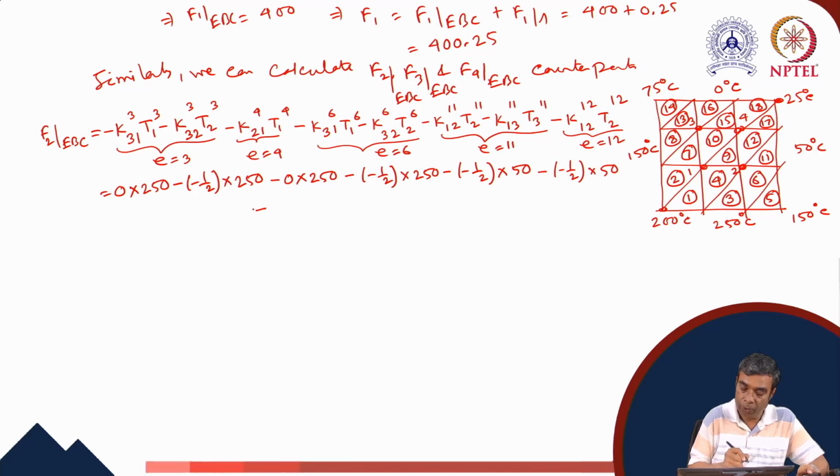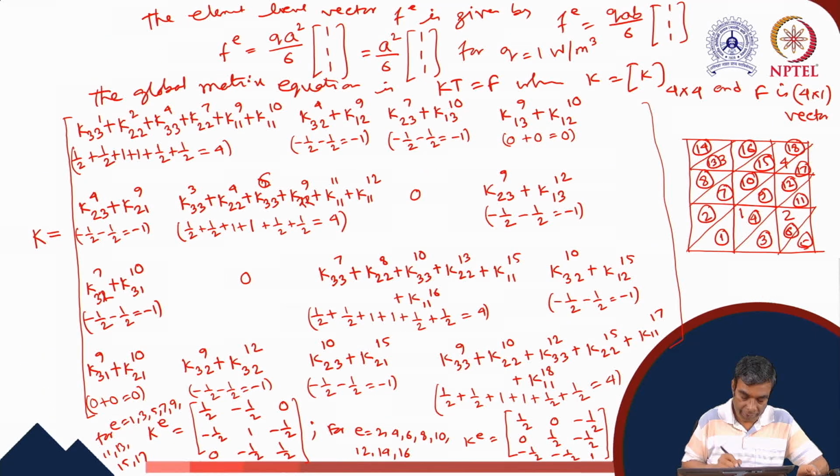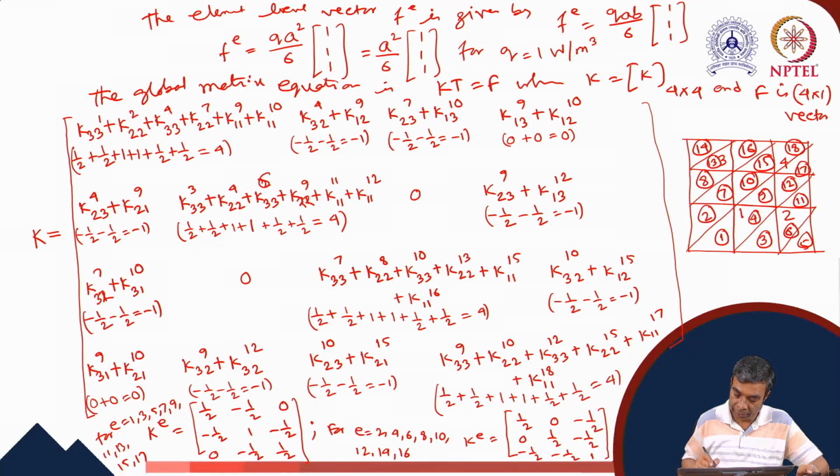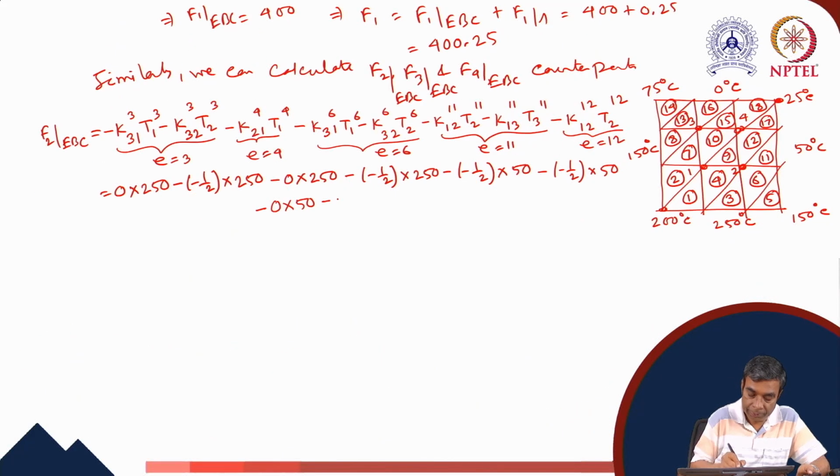Minus K1311 T311. K1311 is 0, so 0 into T311, which is 50. Minus K1212 T212. K1212 is 0, so 0 into T212, which is also 50 degrees centigrade.